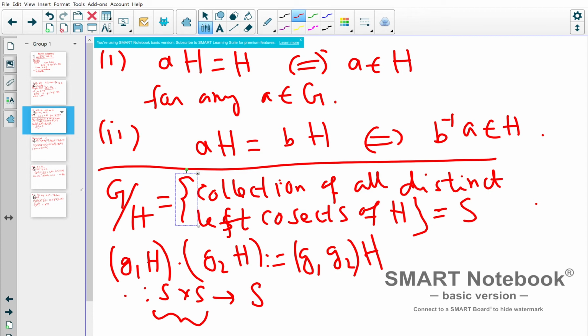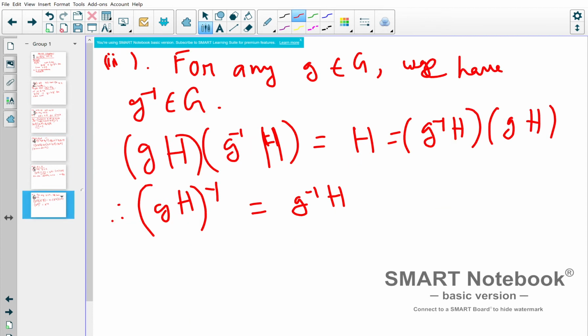That part we need to check. So let me check whether it is satisfied, or under what condition it is satisfied.